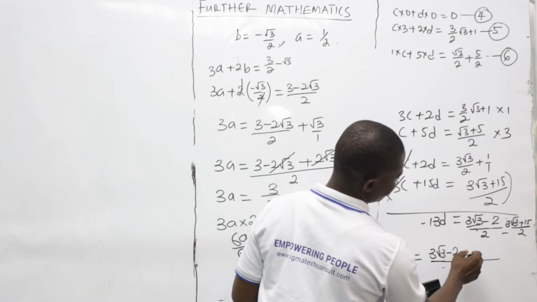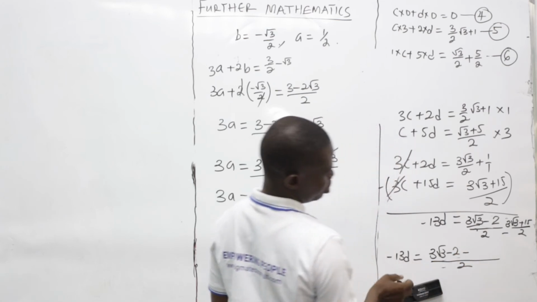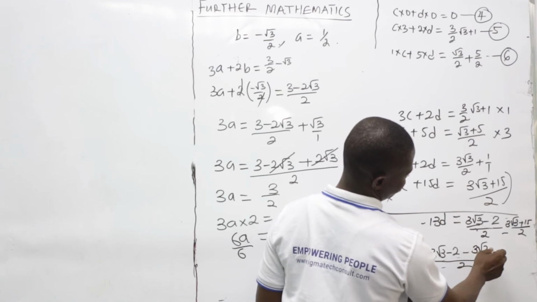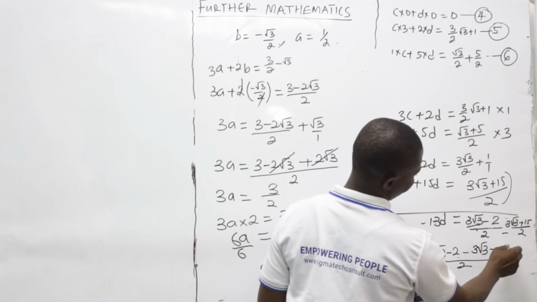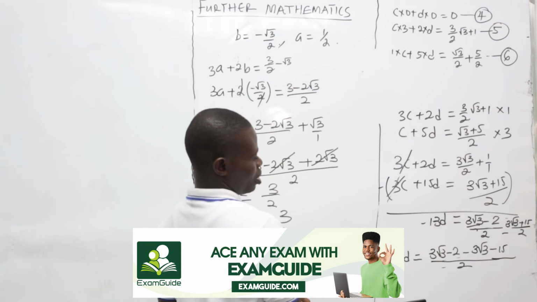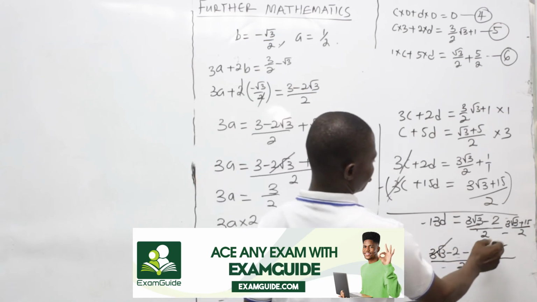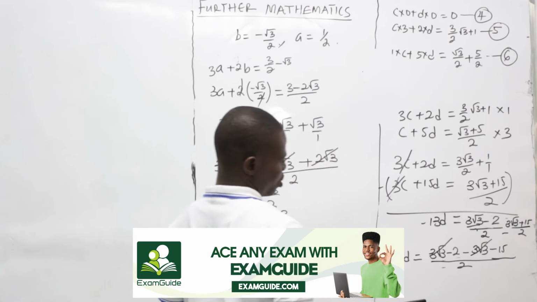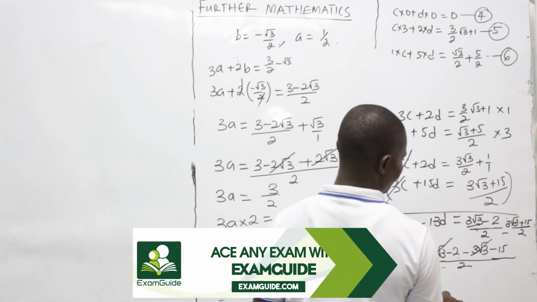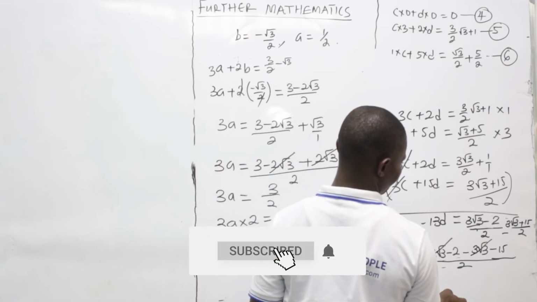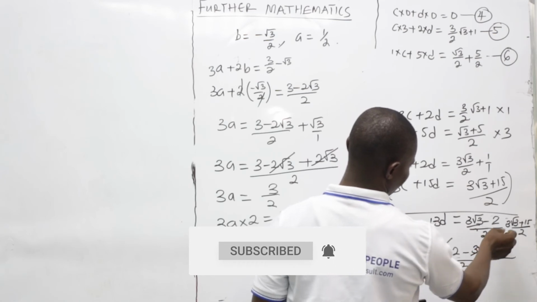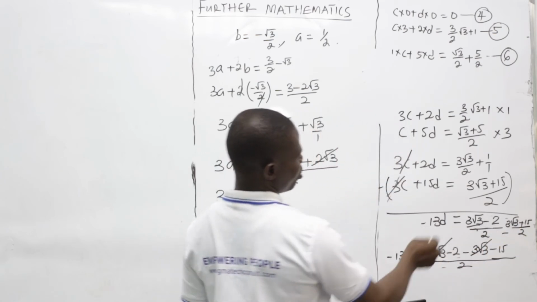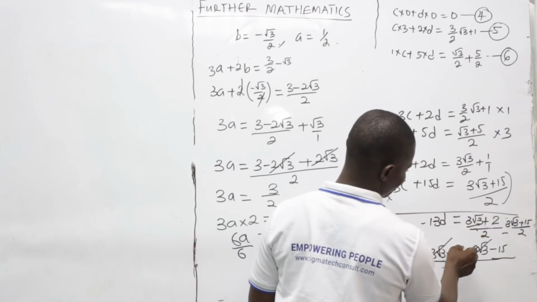Okay. 2 will carry us through here now. This is 2. Then minus (3√3 minus 15). Look at 3√3, gone, gone. Then we'll have 15 plus 15. This minus this. Plus 2 here, sorry, plus 2.